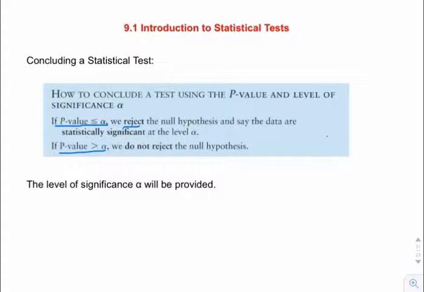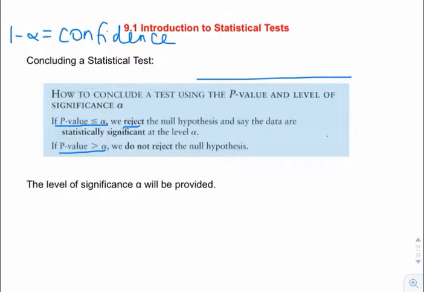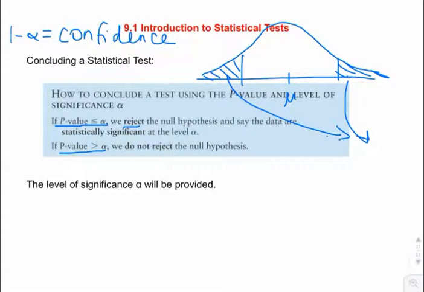So remember we said that 1 minus alpha is the confidence level. Let's say we're looking at a two-tailed test, and our mean is here in the middle. Alpha is the probability that we are here in those two tails, or in one of them, I should say.